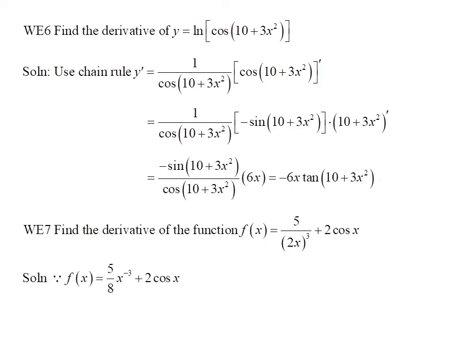Since f of x can be written as 5 over 8 times x raised to the negative 3 plus 2 cosine x, its derivative f prime of x equals negative 15 over 8 times x raised to the negative 4th minus 2 sine x, which is simplified to negative 15 over the product of 8 and x raised to the 4th, minus 2 sine x.